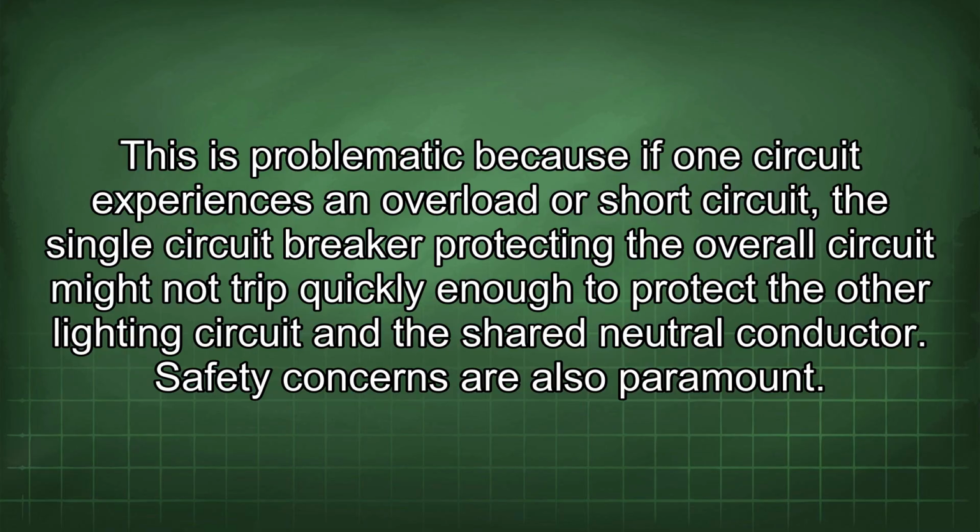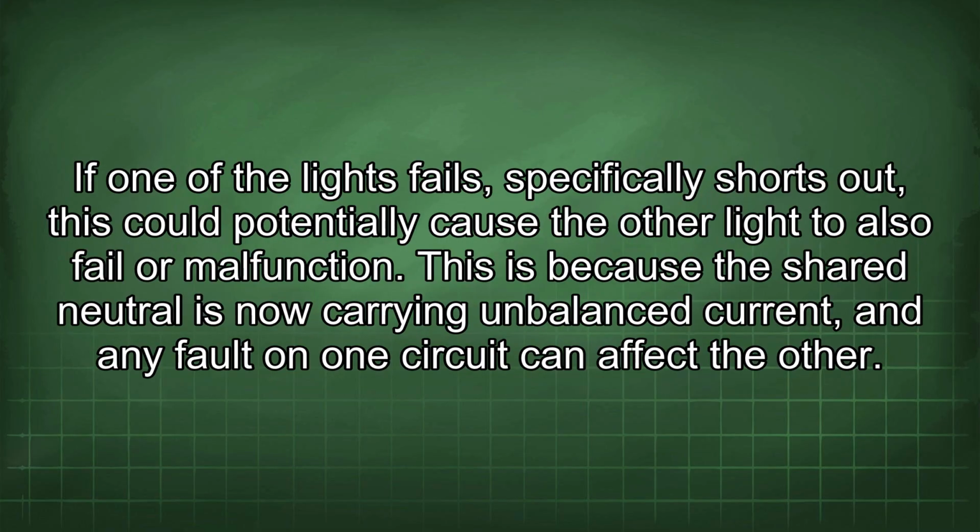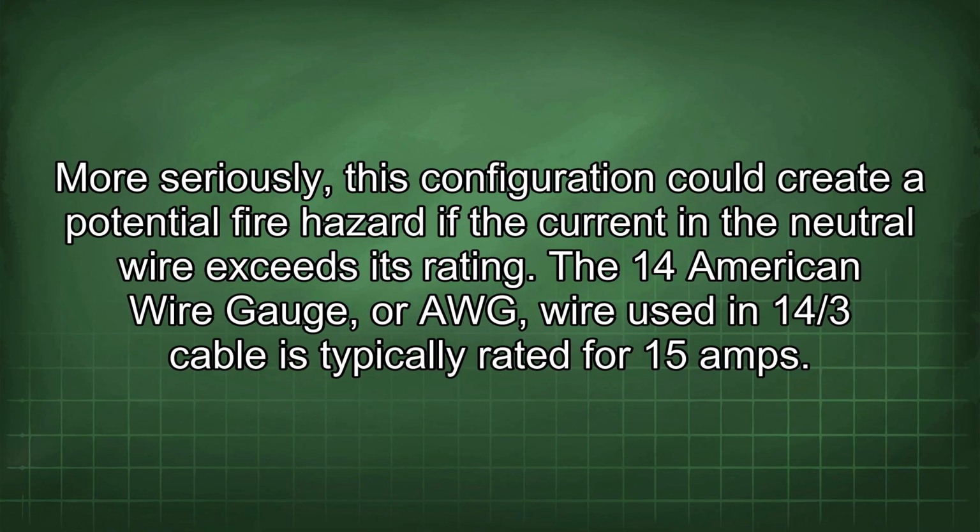Safety concerns are also paramount. If one of the lights fails, specifically shorts out, this could potentially cause the other light to also fail or malfunction. This is because the shared neutral is now carrying unbalanced current, and any fault on one circuit can affect the other. More seriously, this configuration could create a potential fire hazard if the current in the neutral wire exceeds its rating.